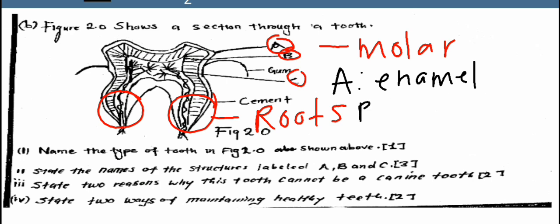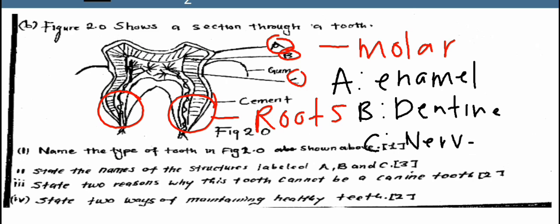Then as for B, this one is called the dentine. That is the name. Then the last one, which is C, it is called the nerve end. Or we can just say the nerve. They are just the same. So now let's try to look at the function of these structures.